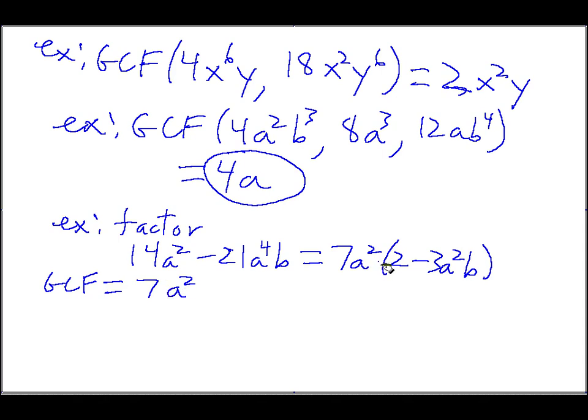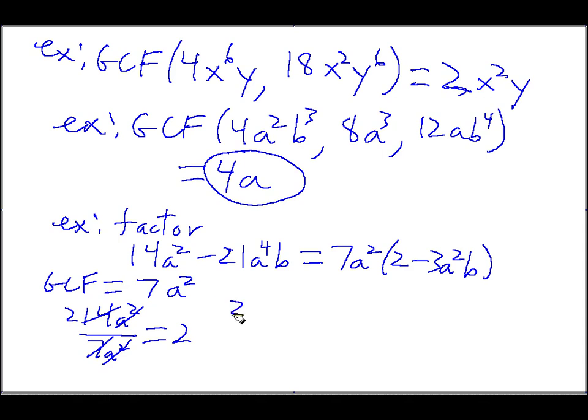I want to figure out 7a squared, the GCF, times what will give me back the original. So you need to take the original divided by the GCF. To figure out the first part, let me take 14a squared divided by the GCF, 7a squared. Well, 7 into 14, 2 times. The a squares cancel out. The answer is 2. So that's why we have 2 right here.